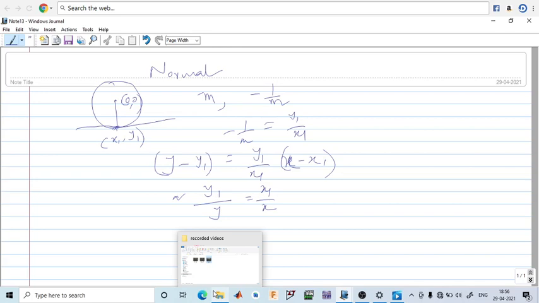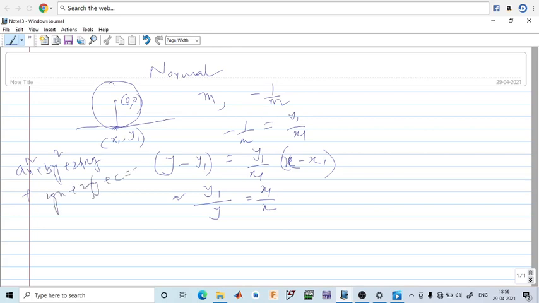So if we consider the second degree equation, I have told you a number of times, ax squared plus 2hxy plus by squared plus 2gx plus 2fy plus c equals 0. This is the second degree equation. The normal to this second degree equation is what? We often write in this manner, ABC for memorization, HGF for memorization.